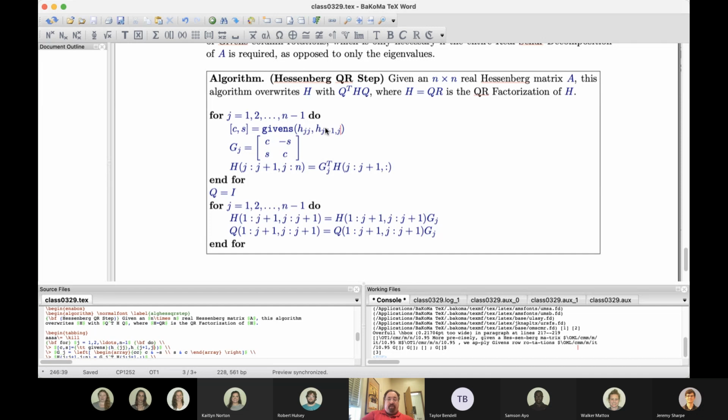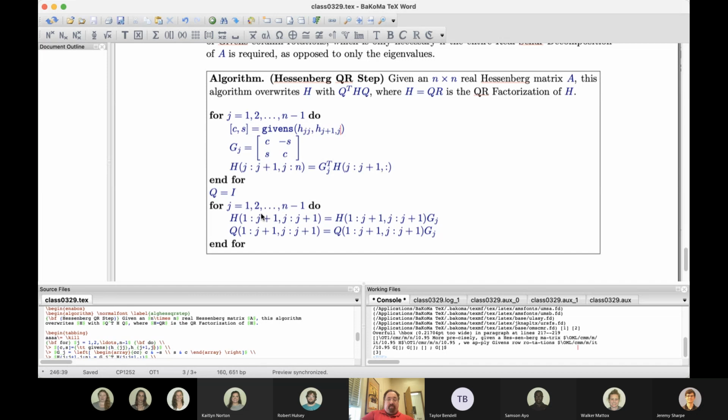That's the subdiagonal entry. So we find a Givens rotation that will do that, and then we apply it on the left to rows j and j plus 1. Now these have to be saved during this loop so that they can be applied later. So after we reduce H to upper triangular form, we have H equals QR.